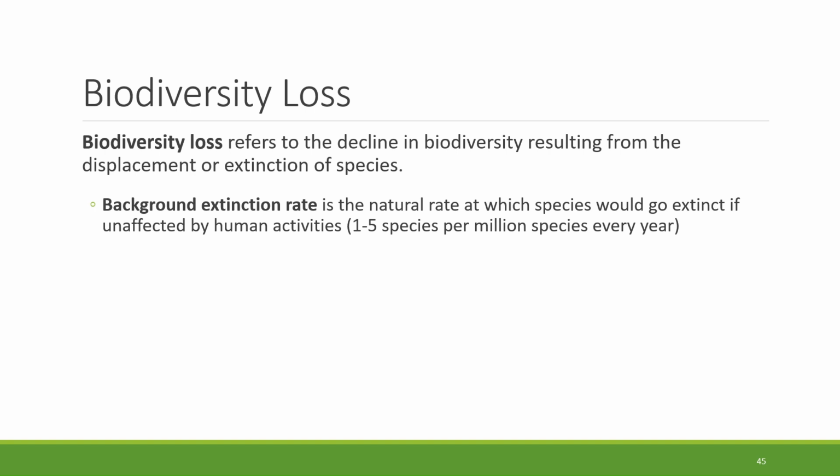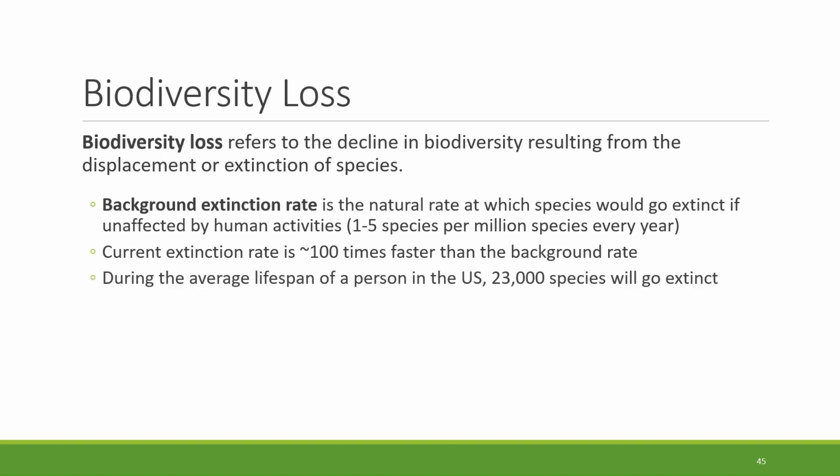We know what a normal background extinction rate is by looking at the fossil records, which can tell us how many species disappear over a particular period of time. And it turns out that rate is about 1 to 5 species per million species on Earth every year. However, the current extinction rate is about 100 times faster than the background rate.